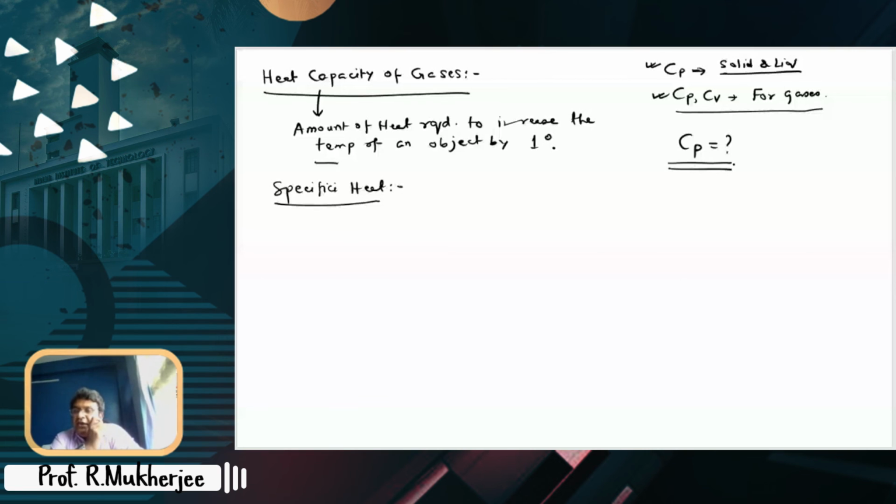Yes, here we use the word specific to emphasize it is per unit, but that's actually a wrong pedagogy, because if you compare with other properties like specific gravity, it's wrong. Not that you and I can do anything, but specific gravity does not talk about the density of 1 kg of water.